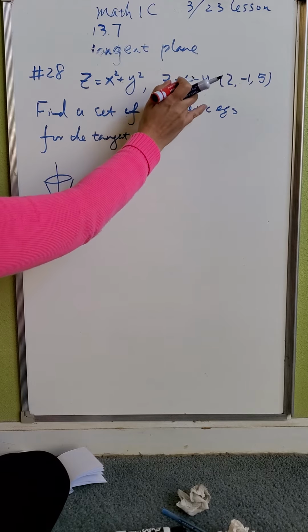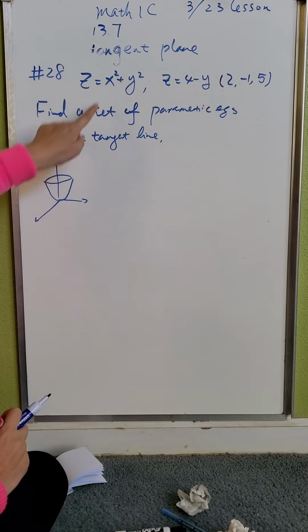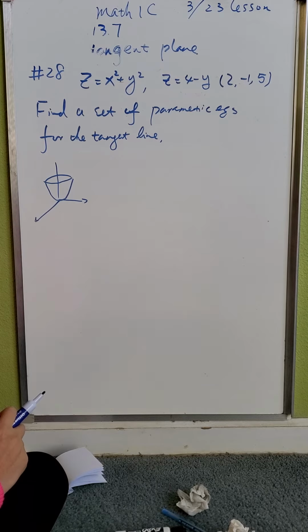z equals x squared plus y squared is an elliptic paraboloid. I don't know if I said that right, but it was one we learned in 11.6.